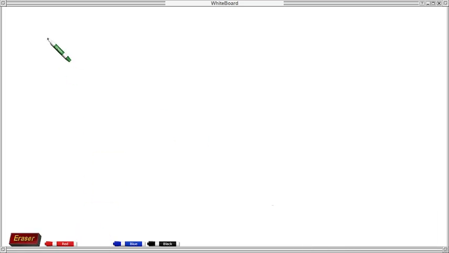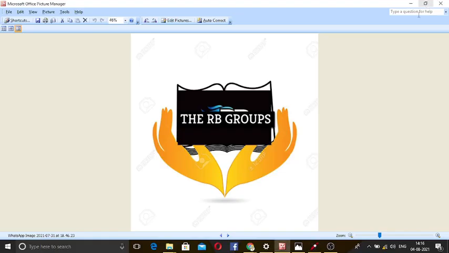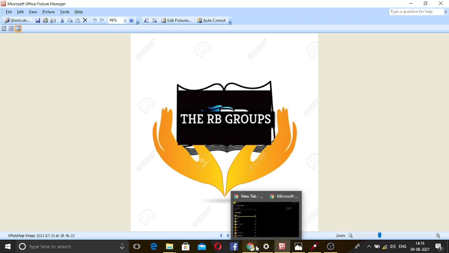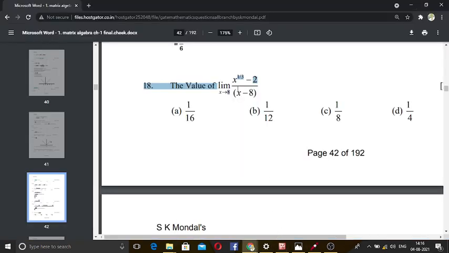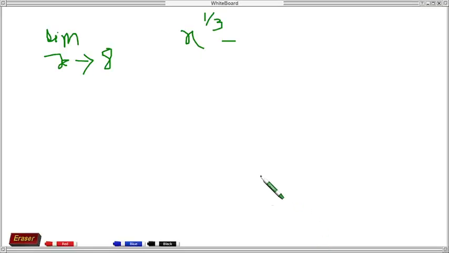So the question says limit, my writing is not good, limit x tending to 8 of x to the power 1 by 3 minus 2 upon x minus 8.